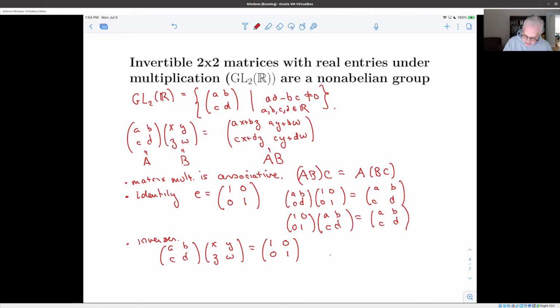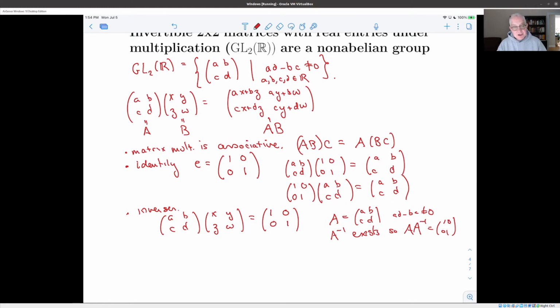That is to say, if A is A, B, C, D, and AD minus BC is not equal to 0, then you can find A inverse so that A times A inverse is the identity matrix. And actually, this is true for n by n matrices. For 2 by 2 matrices, we can say exactly what this inverse matrix is.